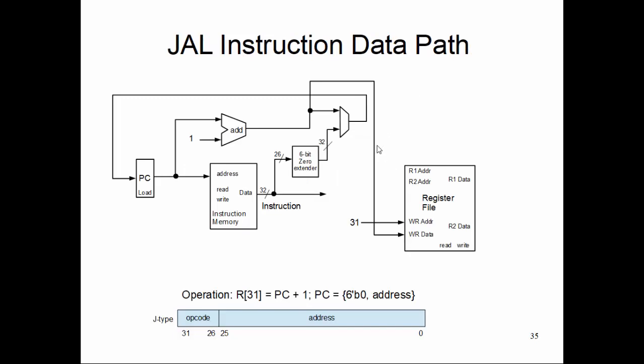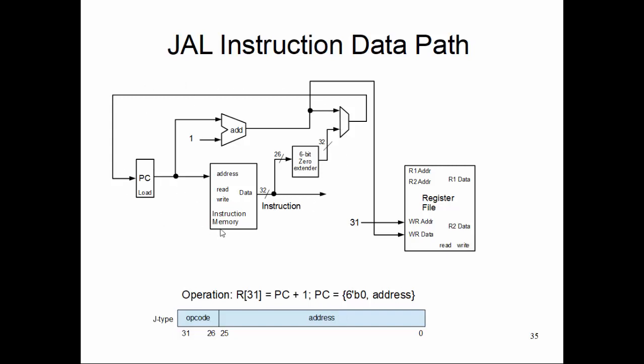Now JL, it is okay, PC equals your address, that is like a jump, but additionally what it does, it stores the content PC plus 1 into register 31. So to make this functionality happen, we'll keep the data path for the jump instruction.